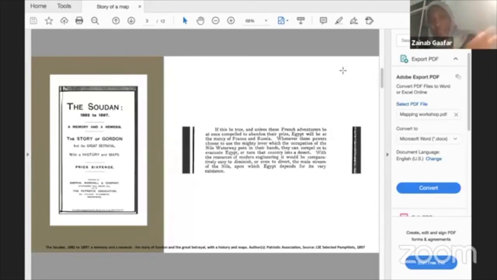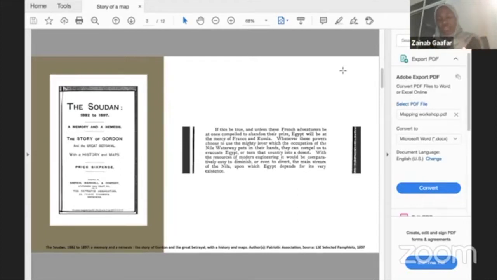This is the pamphlet, and this is one part of a very detailed explanation of how this move by the French was threatening to Britain or England, and it was a political statement.